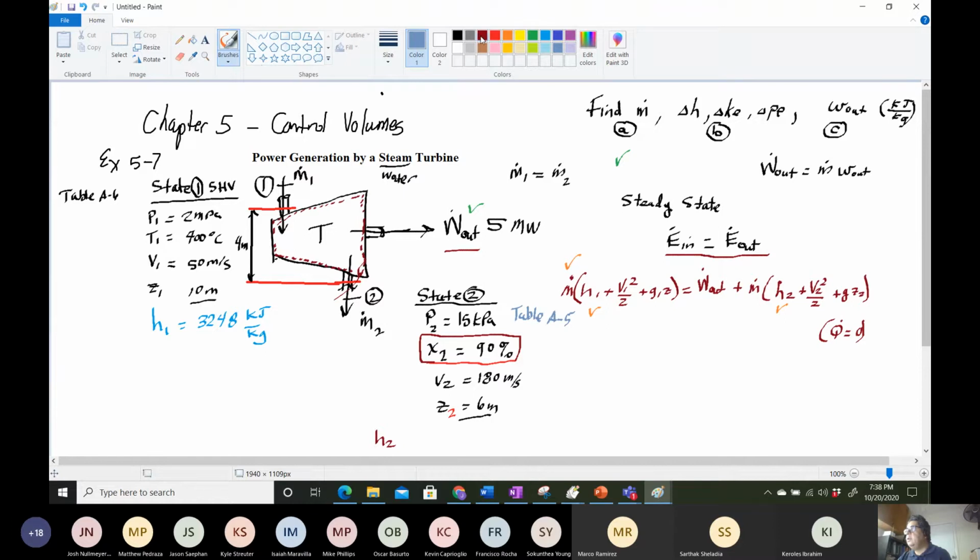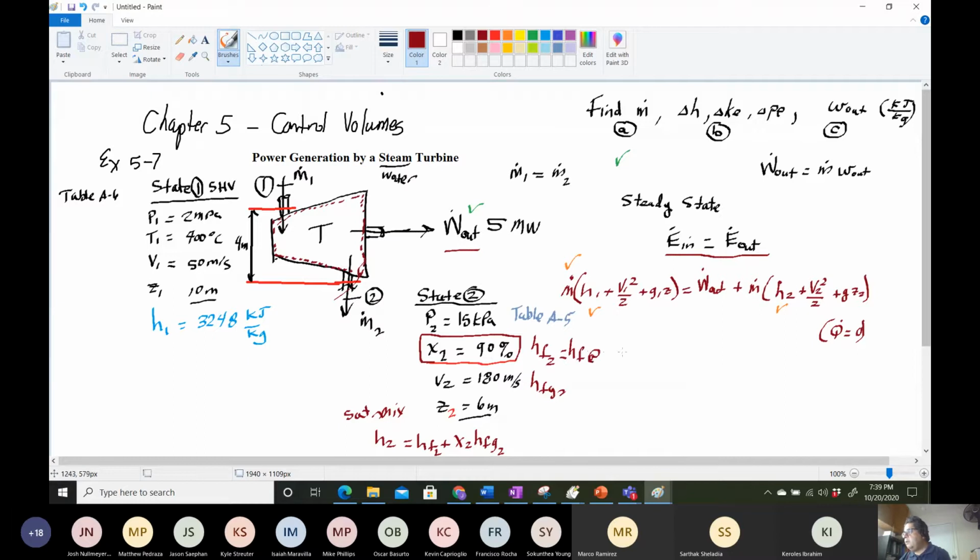If you guys remember, for a saturated mixture, H2 is equal to HF plus X2 times HFG. So we have to calculate based on HF and HFG. So we've got to go find HF2. You don't have to put the 2 down here, but since it's state 2, you could put it here if you want, and HFG2. So these are table values.